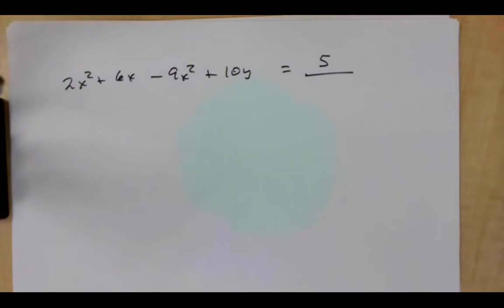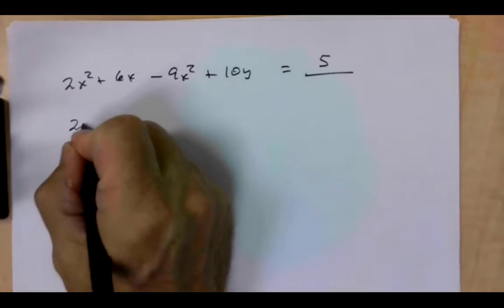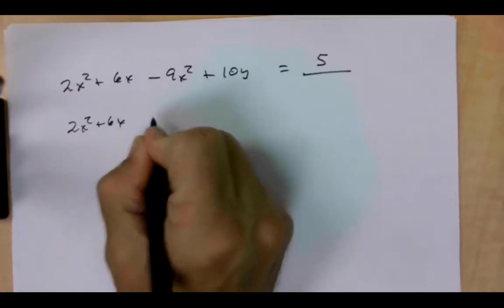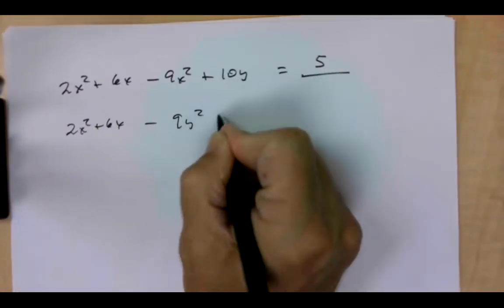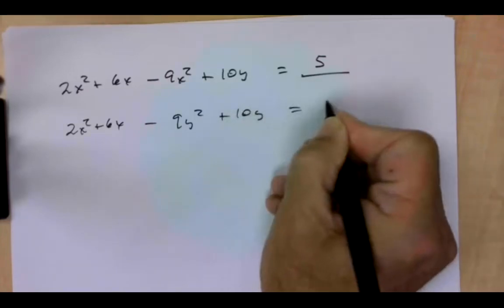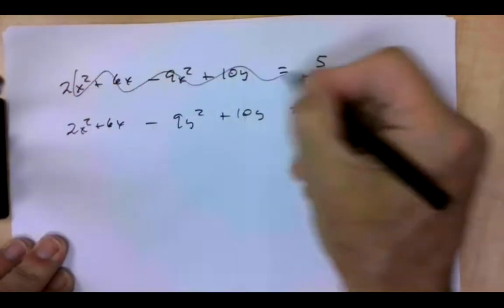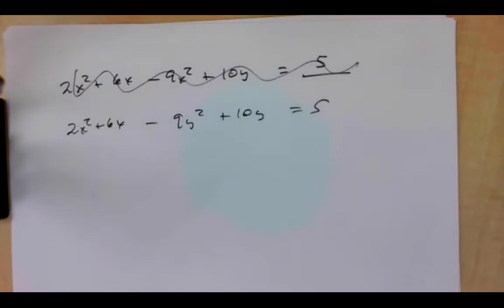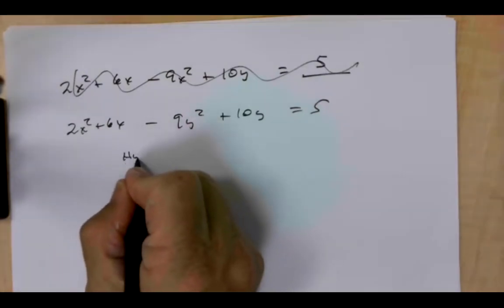What is this shape? Oh, excuse me, let's go ahead and fix that. Let's make it 2x squared plus 6x minus 9y squared plus 10y equals 5. And if I were to graph that, what will that be and why? And the answer is that'll be a hyperbola.